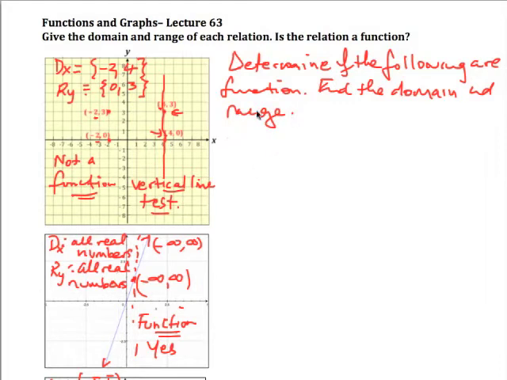Right, so number one, what if I have something like y equals 2x take 5?